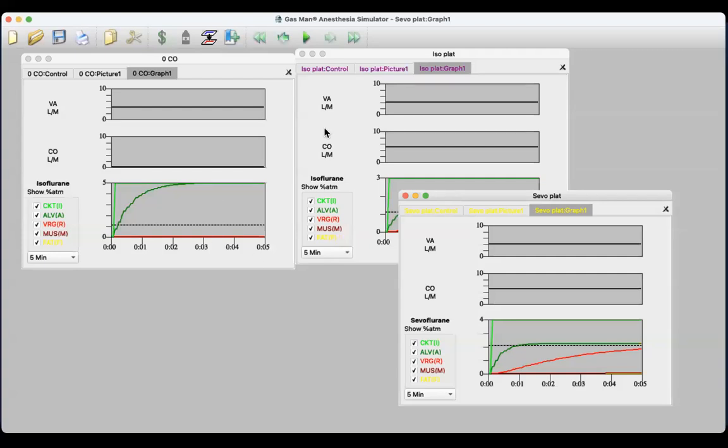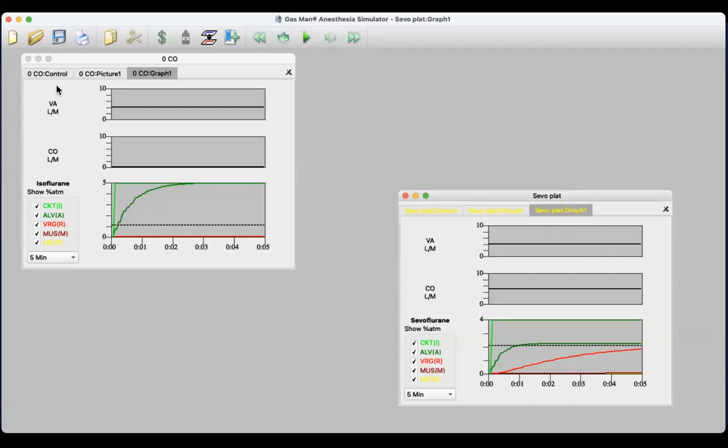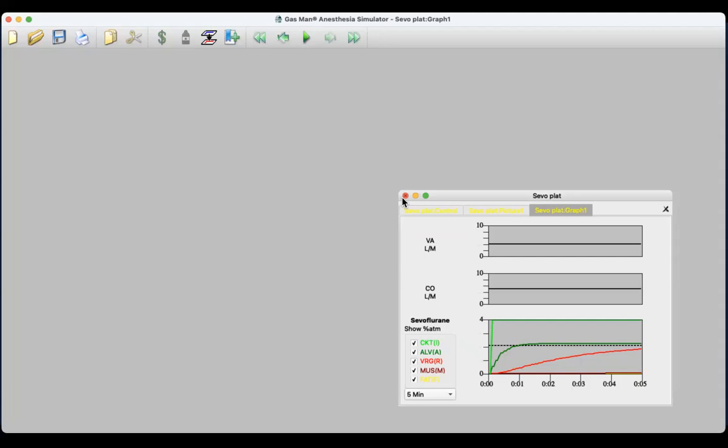And GasMan simulates brain delay during emergence, just as it does simulate brain delay during induction. Let's look at one of those brain delays during induction to get an idea of how that works. I'll close the simulations we did before. I'll do a new simulation.